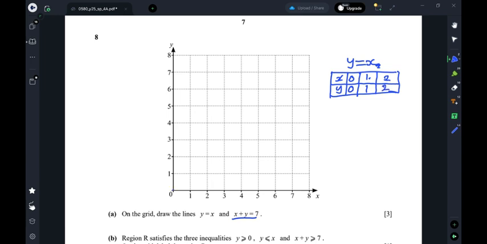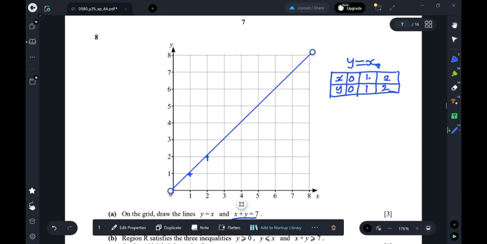So the first point happens when x is 0 and y is 0. The second point, 1, 1, 1 for x and 1 for y, x as 2 and y as 2. So I will have to draw a line that joins those points. So this is my line.